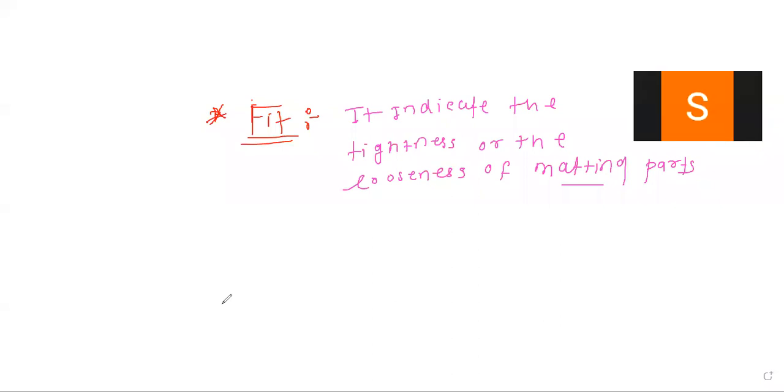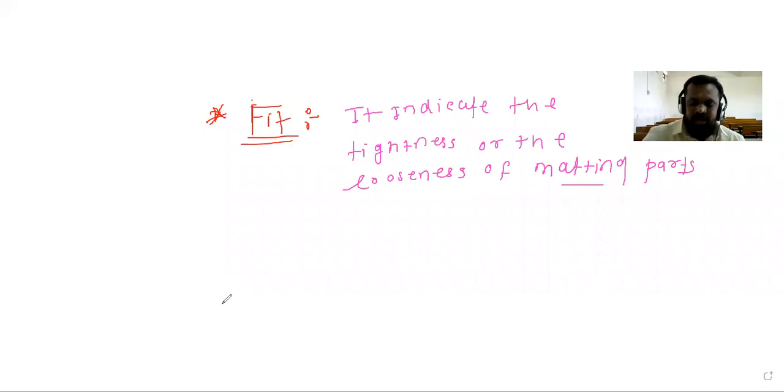Loose. Now see here, is this tight or loose? It is again loose. Fit will indicate to us whether the two mating parts are tight or loose. That information we get from the fit concept.